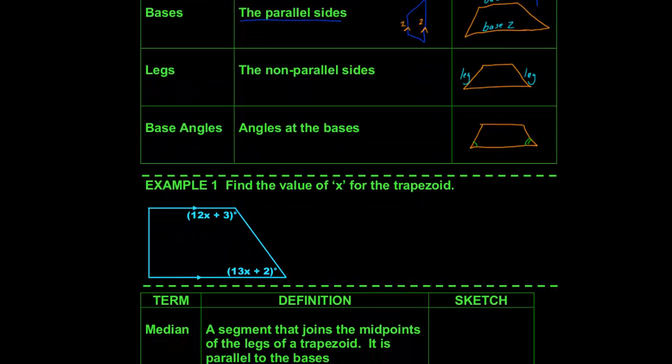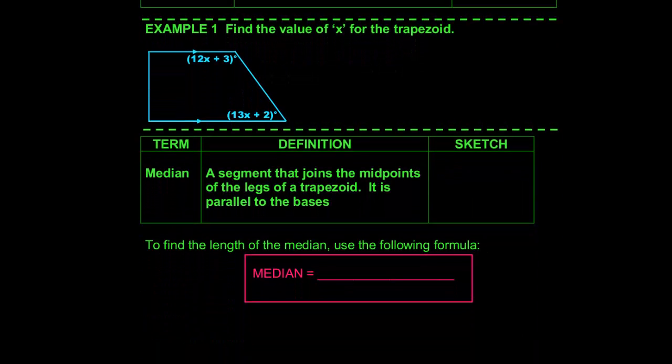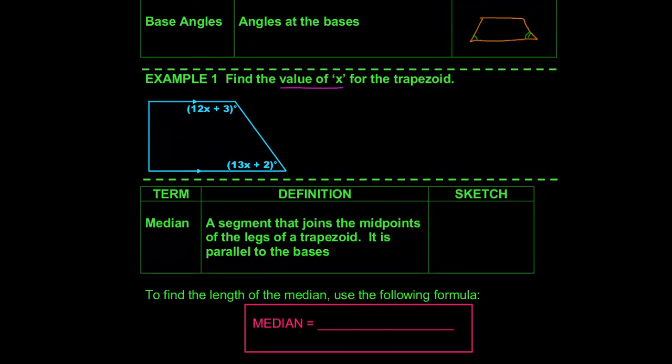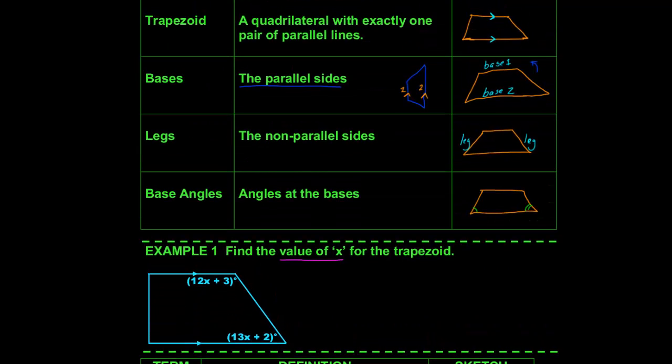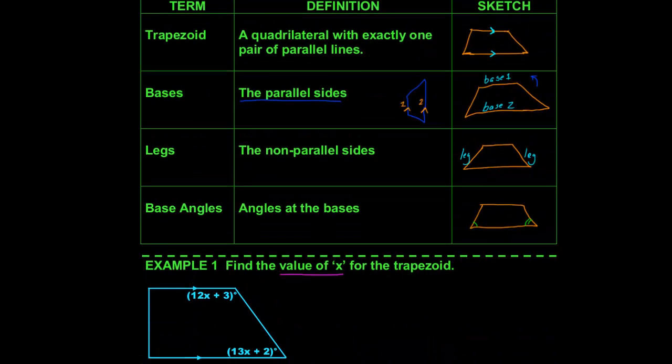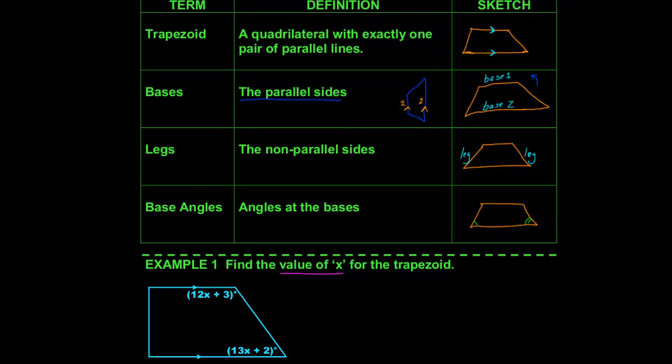Okay. So let's look at some examples and find what it's asking us for. Here it's saying find the value of x for the trapezoid. Let's think back to our definition real quickly. A trapezoid is a quadrilateral with exactly one pair of parallel lines.